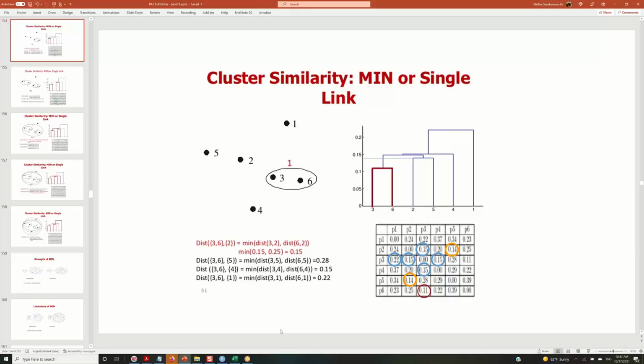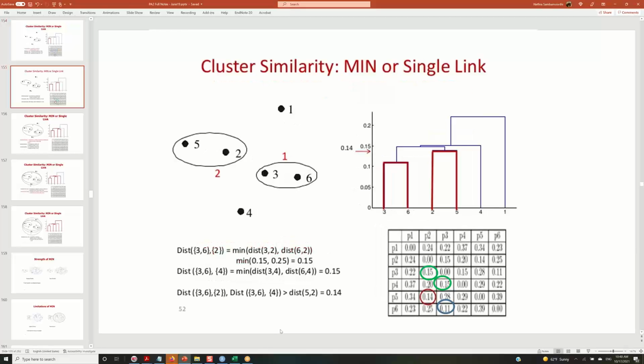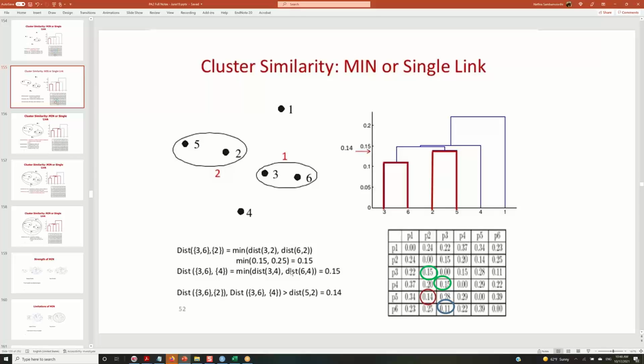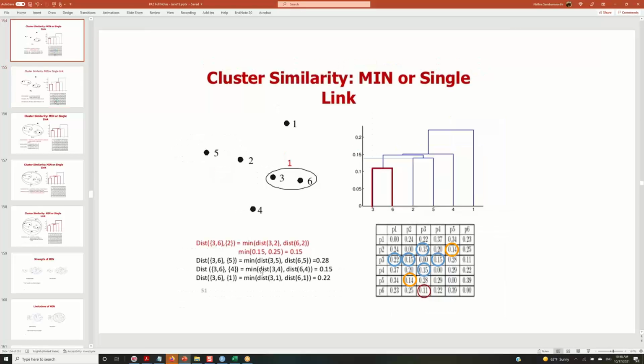Now, how do I think about the next one? Next one is, I take the out of these points, we calculated this. Okay.